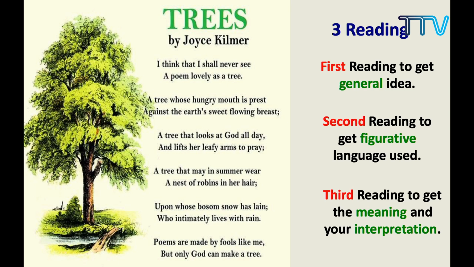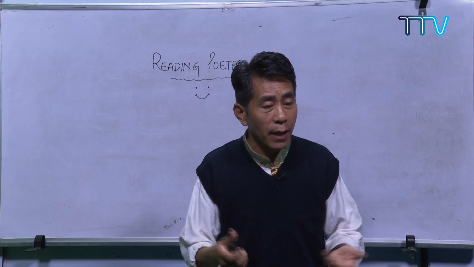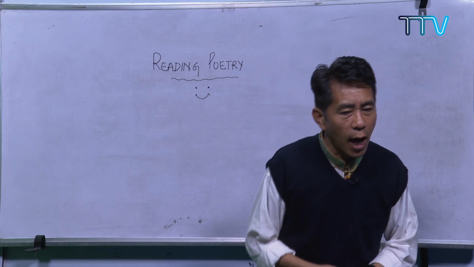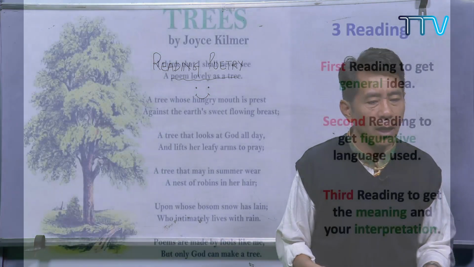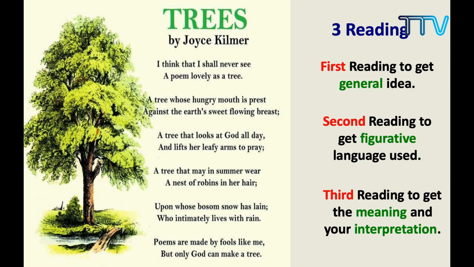Now, if I am supposed to read this poem: I think that I shall never see a poem lovely as a tree whose hungry mouth is pressed against the earth's sweet flowing breast, a tree that looks at God all day and lifts her leafy arms to pray, a tree that may in summer wear nests of robins in her hair, upon whose bosom snow has lain, who intimately lives with rain. Poems are made by fools like me, but only God can make a tree.